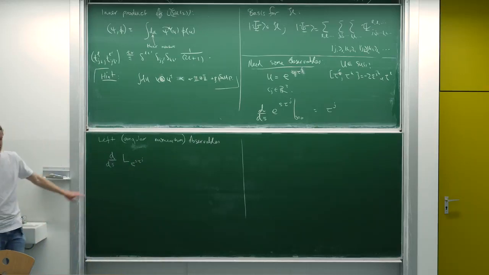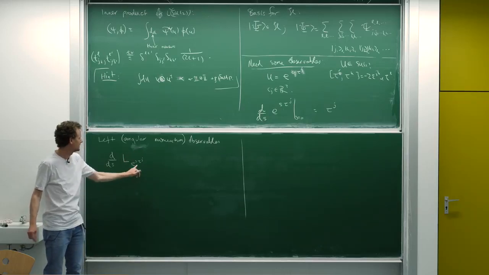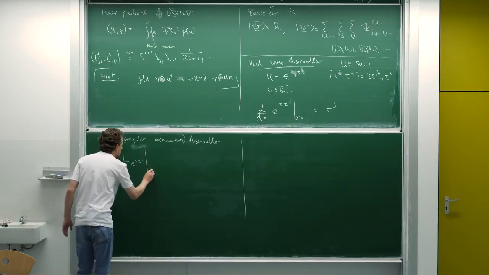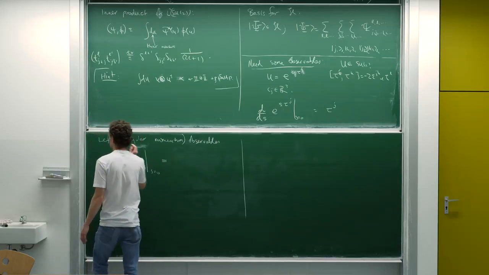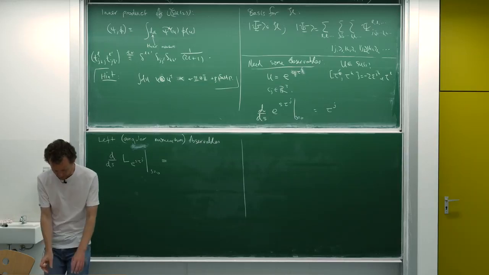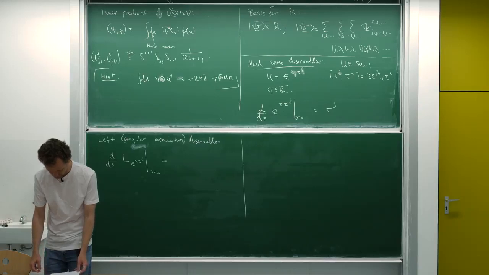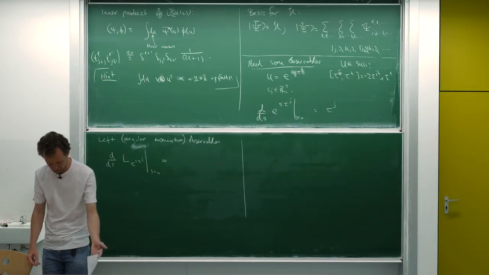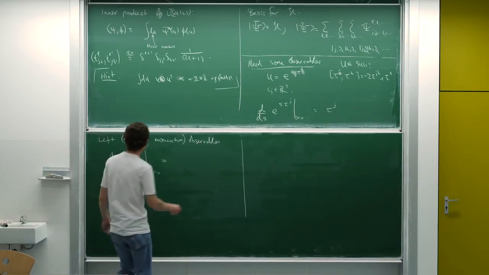So we take this nice unitary operator, left multiply by that unitary, differentiate it, and evaluate it at s equals 0, and that's going to give us a factor of i times a Hermitian operator.